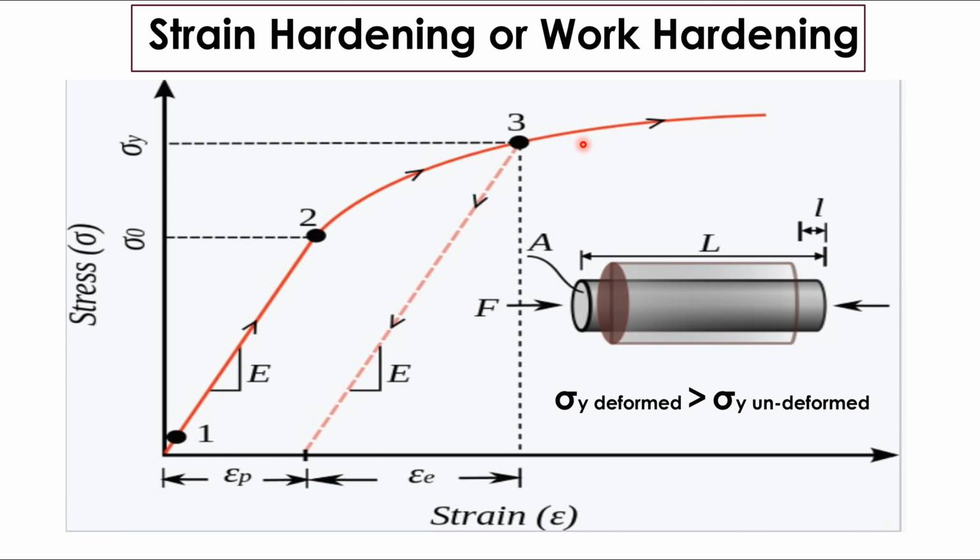It means the deformed specimen has more yield strength than the undeformed specimen due to strain hardening. It means sigma yield deformed is greater than sigma yield of the undeformed material. This term is called strain hardening.